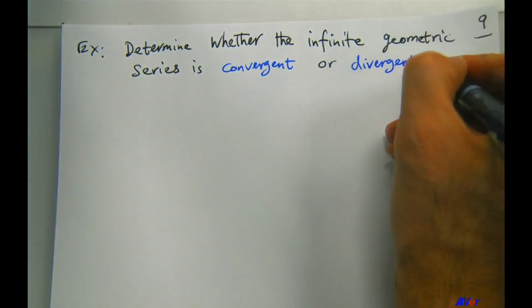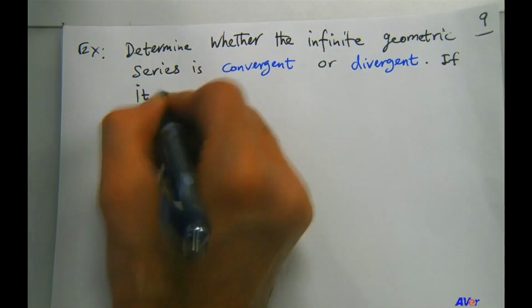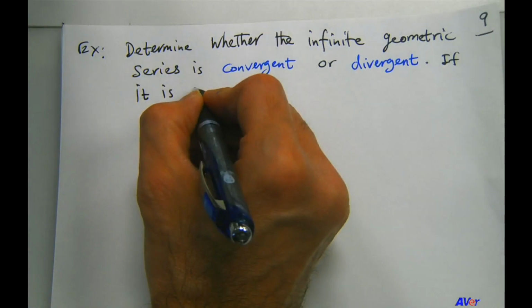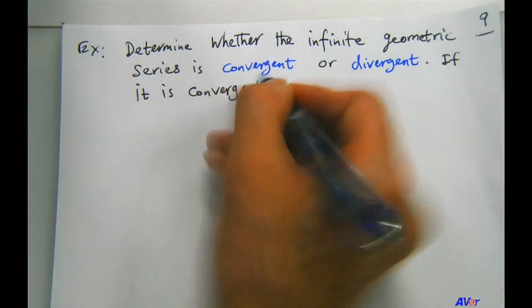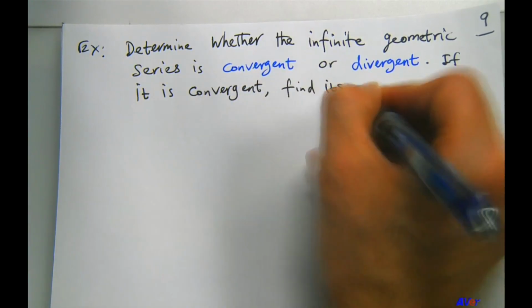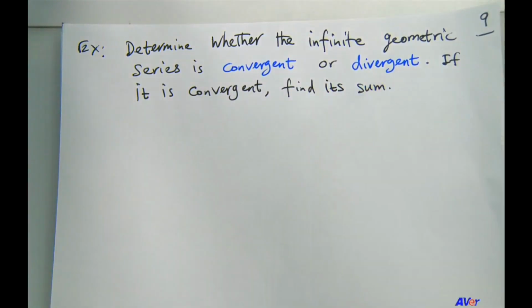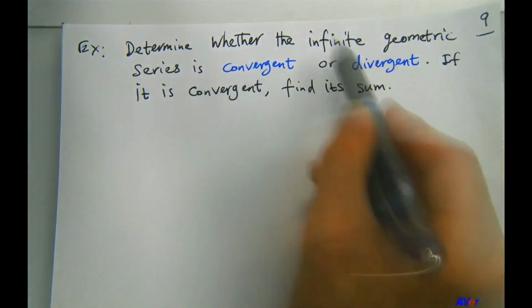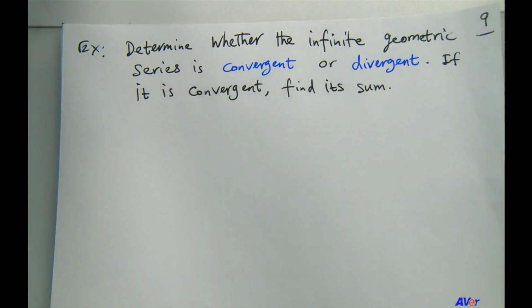If it is convergent, find its sum. Of course, please remember that if the infinite series diverges, then it does not have a sum.